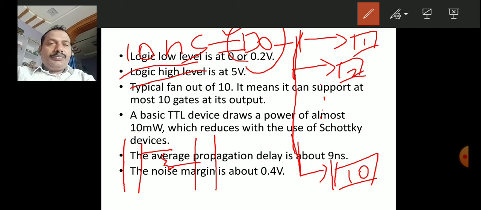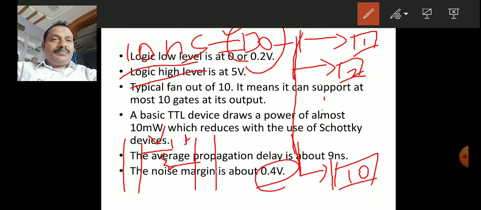I told you noise margin means VIH minus VOH, that is maximum 0.4 volts is possible for the TTL NAND gate. So these are some features.